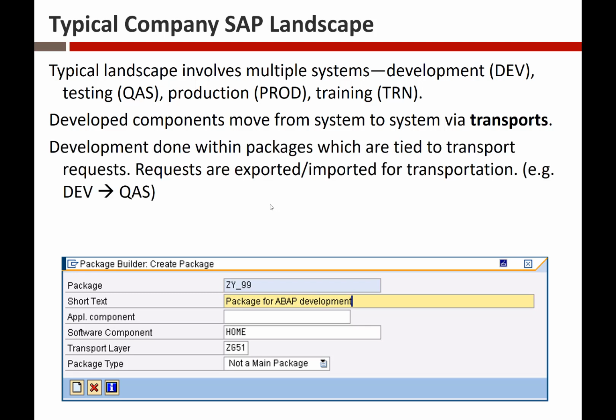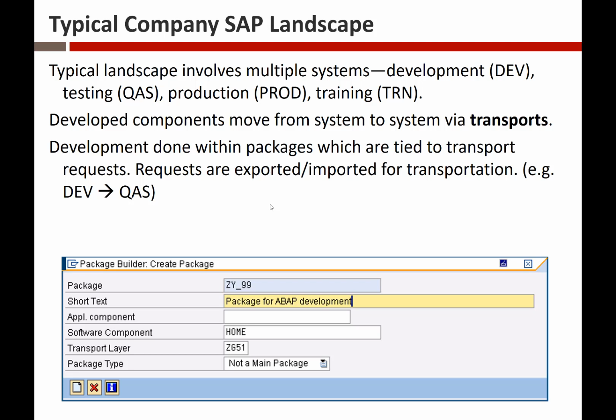But beyond that, development is done within, and here's another term I didn't bold, packages. So you'll see here in a few moments, we create a package which, if you will, would be like a giant box or a pallet or something like that. And we put one or more programs in these packages, and then we put packages in a transport.